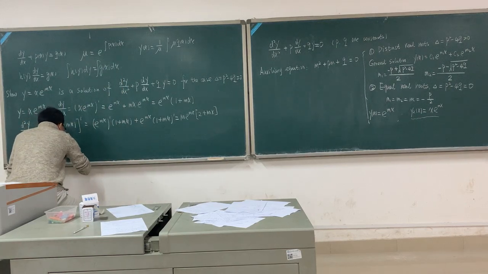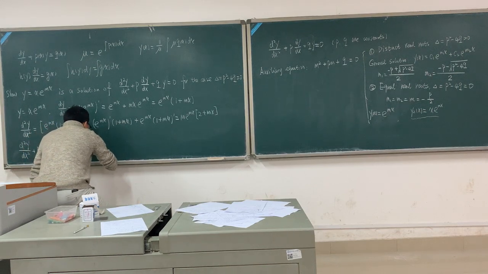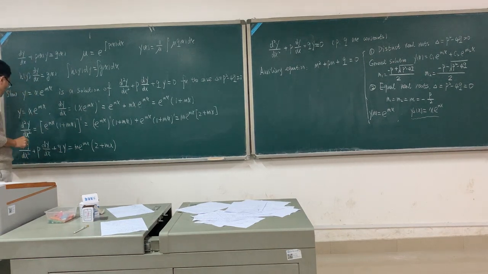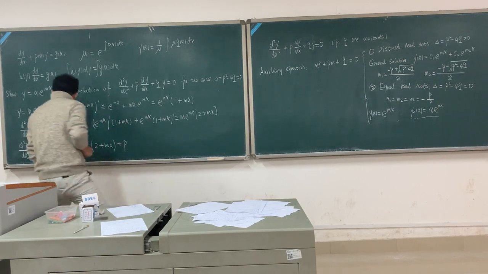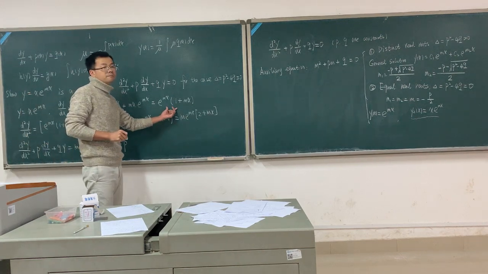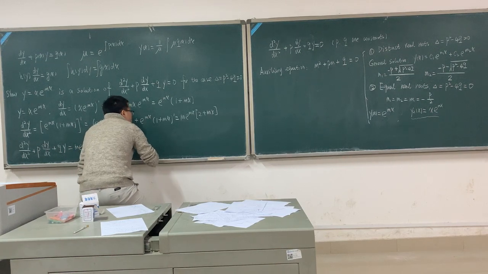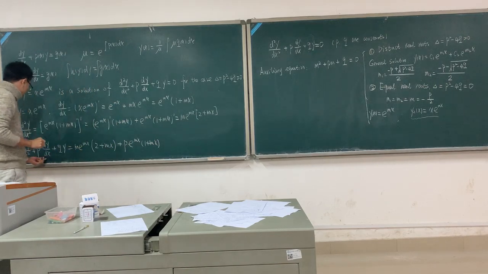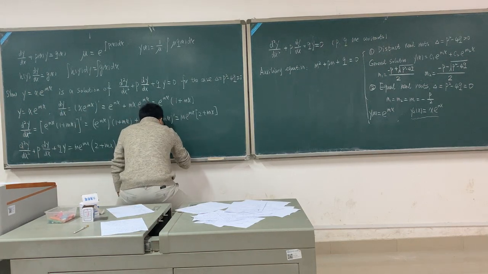We substitute: m e^(mx) times (2 plus mx), the second order derivative, plus p times the first order derivative, which is e^(mx) times (1 plus mx). This is the second part. The third part is plus qy.